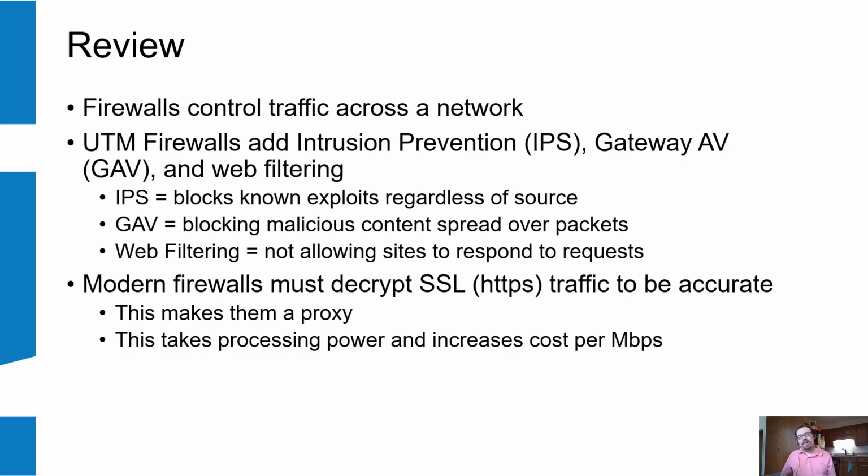So a quick review. Last time we talked about, and this time we emphasized, that firewalls control traffic across a network. UTM firewalls add IPS, gateway AV, and web filtering, and there are definitions of those three from last time. And I said modern firewalls must decrypt SSL, otherwise known as HTTPS traffic, to be accurate, which makes them a proxy, takes more processing power, and increases cost per megabit per second.